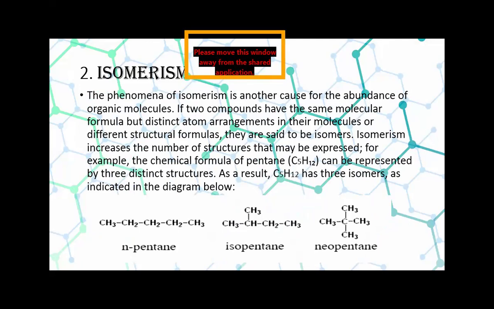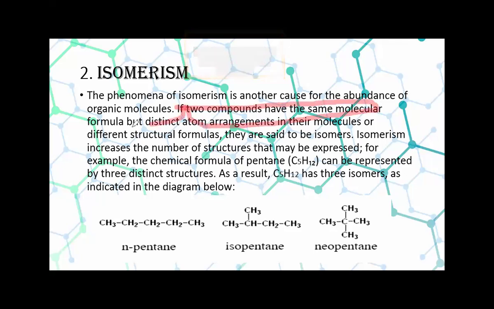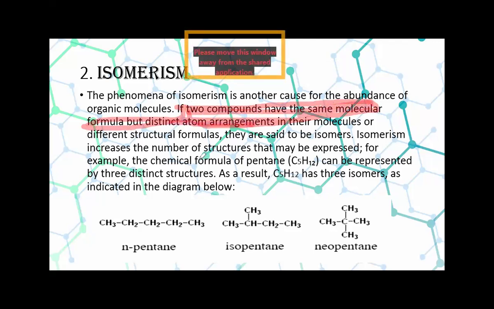What basically are isomers? If we have two compounds and these two compounds have the same molecular formula but different structural arrangement, different atomic arrangement, then we call those molecules isomers.